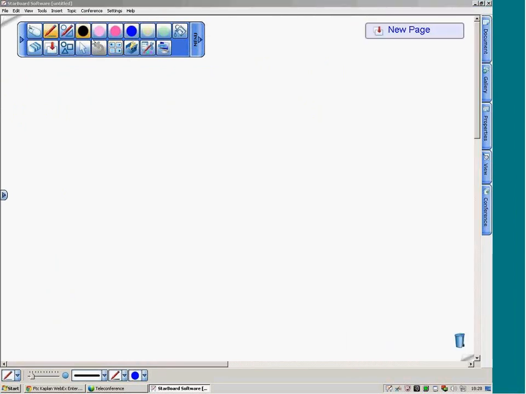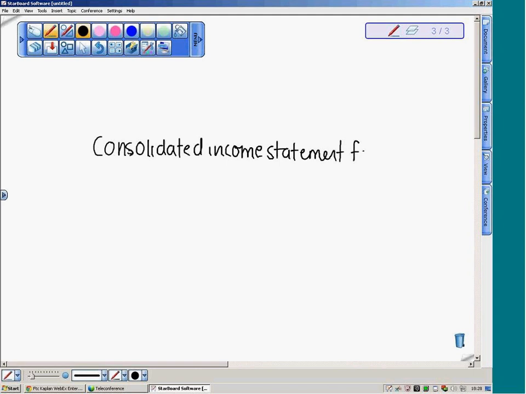Okay, so start by drawing out a pro forma. Okay, so I'm going to draw out my consolidated income statement for the year ended 31st of March 2010.